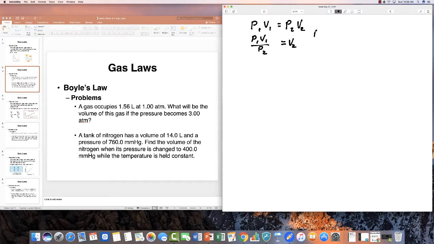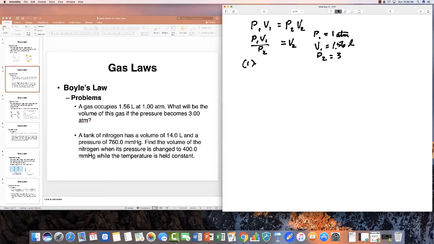Now what's P1? Well, P1 is 1 atmosphere. And V1 is 1.56 liters. And P2 is 3 atmospheres. And then we put all these into this equation.